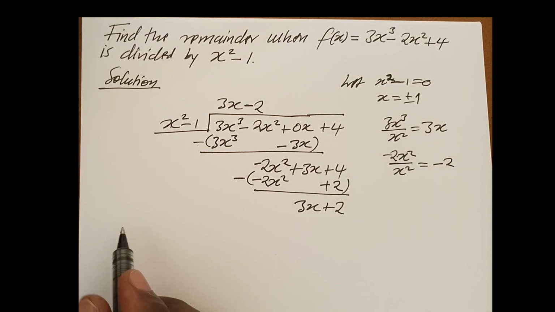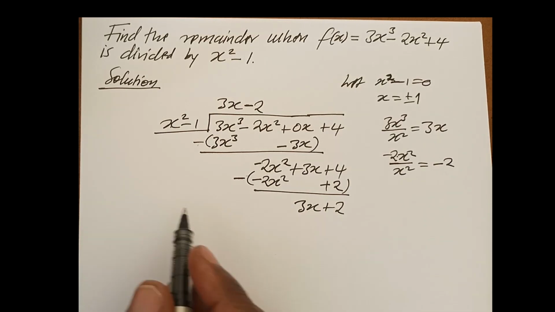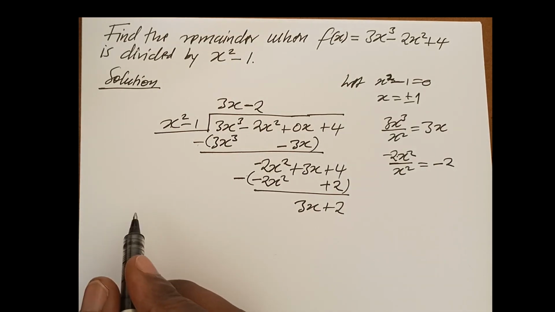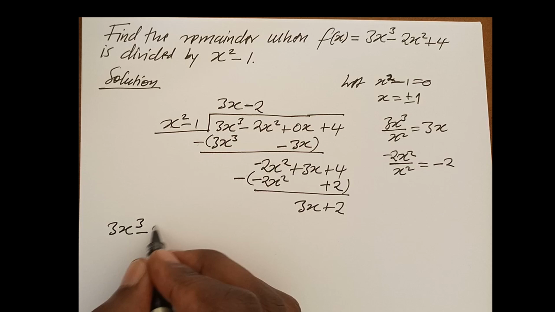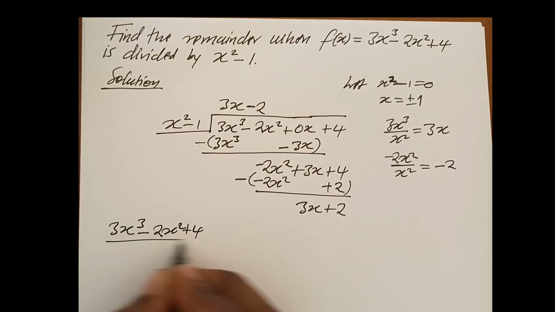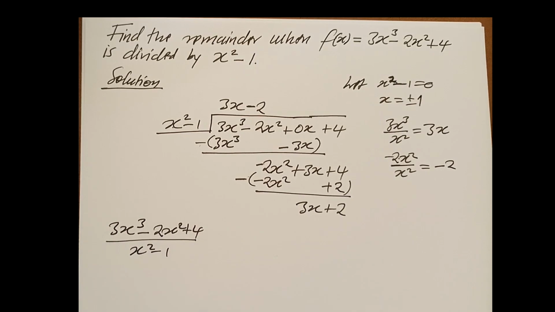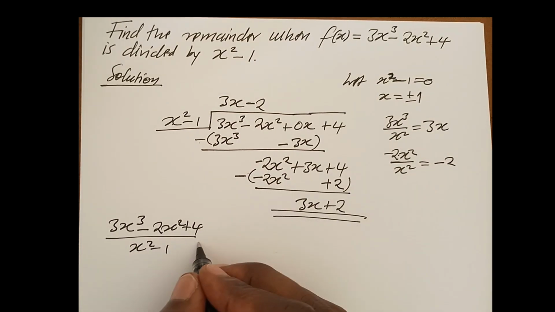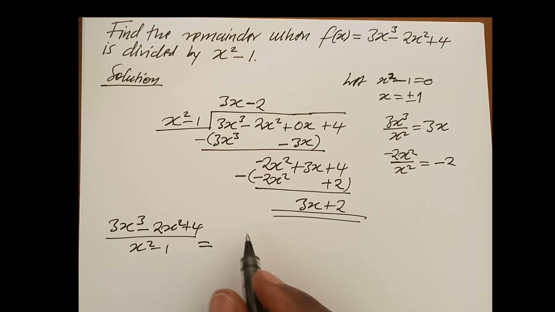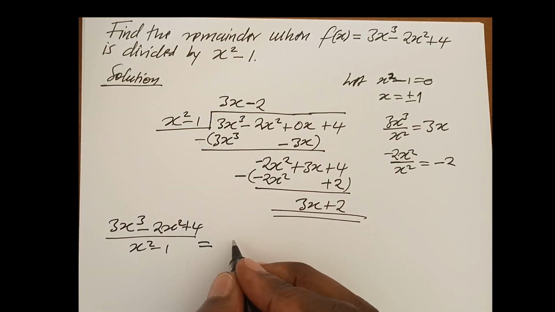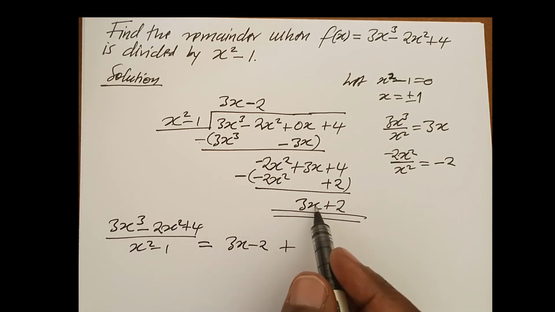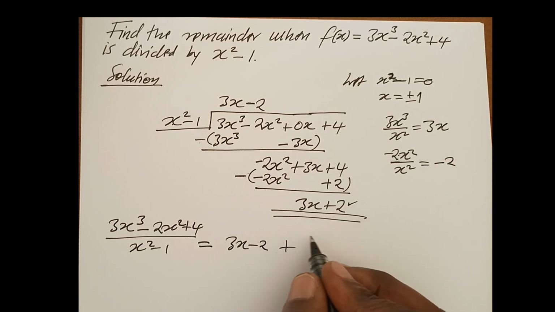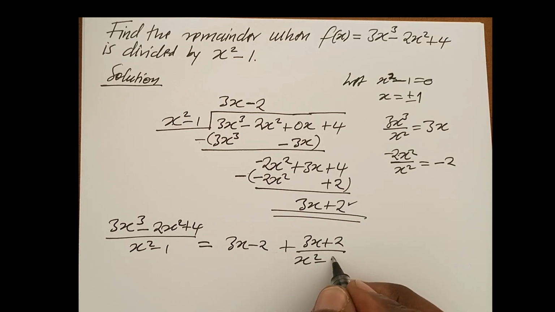So this implies that when you divide 3x cubed minus 2x squared plus 4 by x squared minus 1, what you get is this quotient, 3x minus 2, plus the remainder, 3x plus 2 over x squared minus 1.